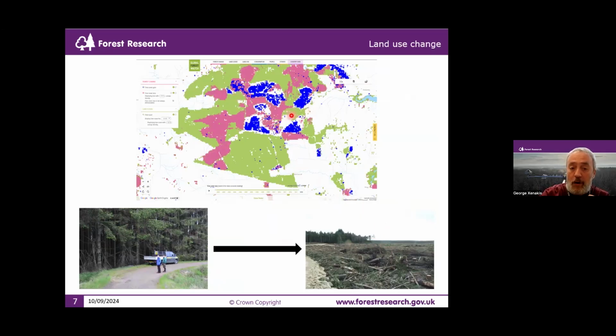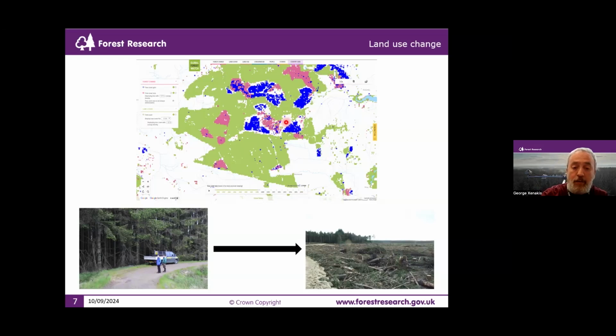You can see here at the top, this is satellite data from a few years back, where there is a big Sitka spruce plantation, and the pink is where we are felling trees, and the blue is where we are planting new trees. So we are changing the landscape.